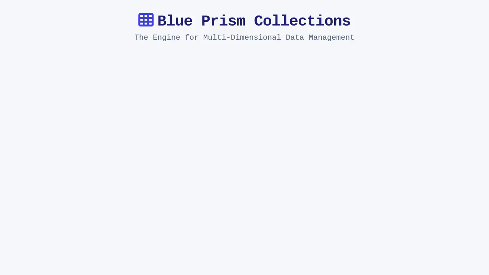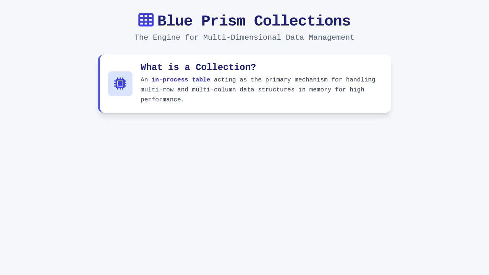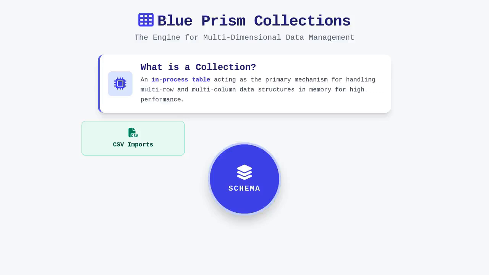Collections represent the primary mechanism in Blue Prism for handling multi-row, multi-column data structures, acting essentially as an in-process table. When we define a collection, we are establishing a schema that dictates the data types and column names available for our logic. You can populate these via utility actions, such as converting a CSV file into a collection, or by capturing outputs directly from other stages like database reads or application modeler actions.